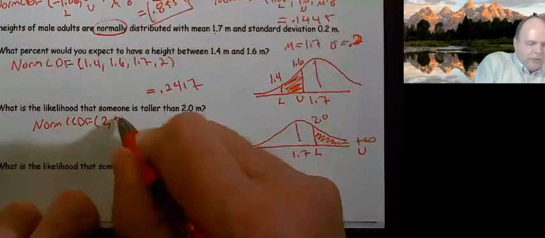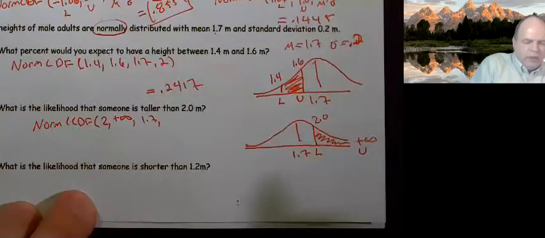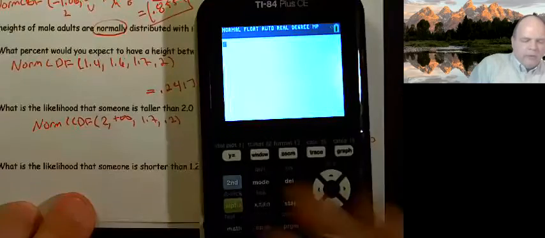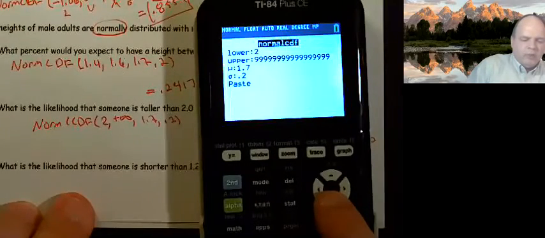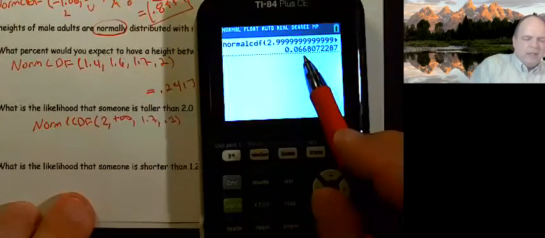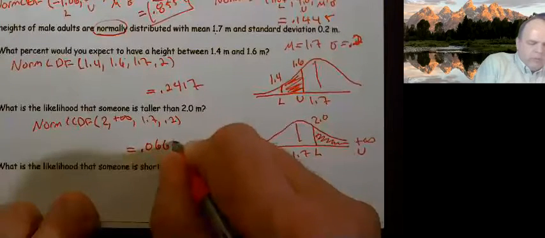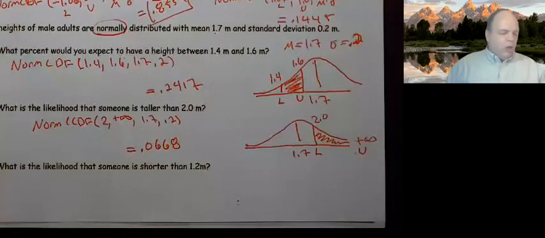The upper bound is positive infinity. My mean is 1.7. And my standard deviation is the same 0.2 as we had before. So second vars, norm CDF, lower bound's 2, upper bound is infinity, which we just fill the screen up with a bunch of 9s, mean of 1.7, standard deviation 0.2, and I end up getting 0.0668. So almost 7%, or about 6.5%, are taller than 2 meters.